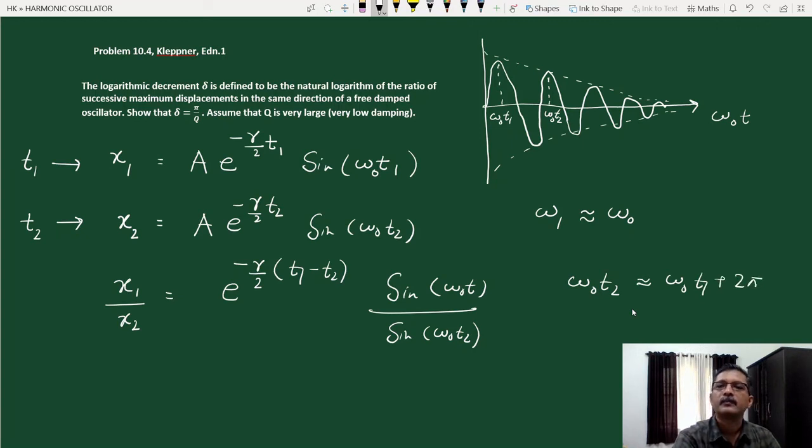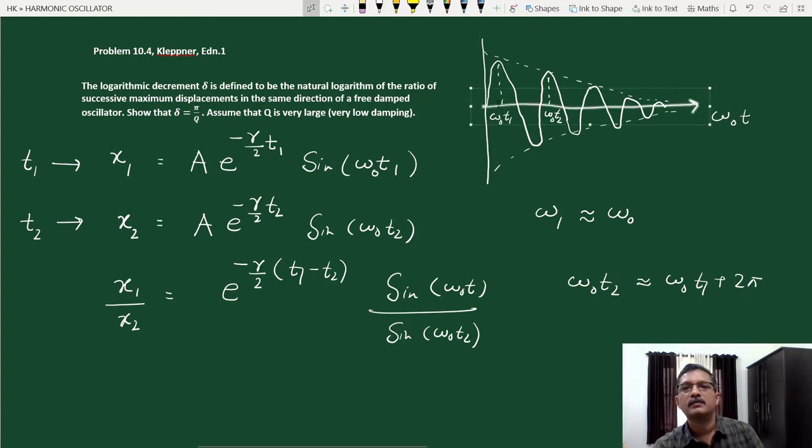See, in the case of a damped oscillation, the motion is not exactly sinusoidal. If we consider the first half cycle here, the maximum between the two zero crossings is not exactly midway between 0 and pi. It's not exactly at pi by 2. It comes earlier.